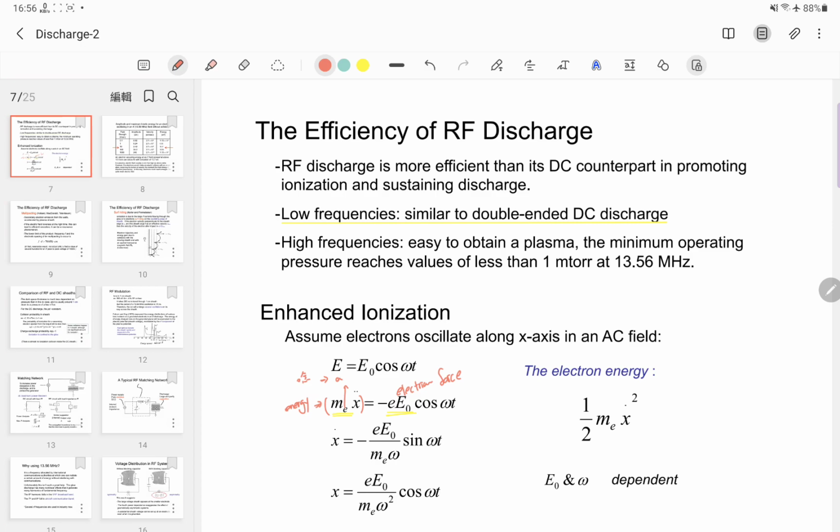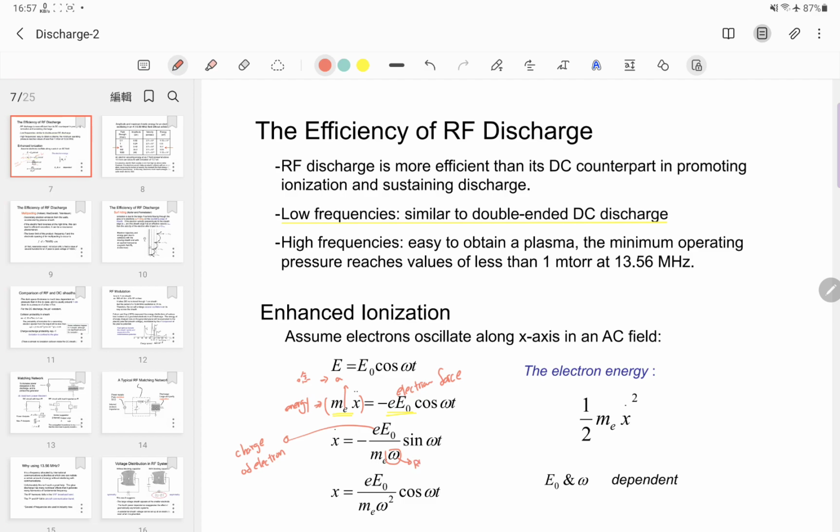In the third equation, x with one dot means the velocity. The velocity of the electron equals minus e times E0 divided by the electron mass and the frequency omega, times sine omega t. The small e is the charge of the electron, the capital E0 is the amplitude of the electrical field, and omega is the frequency of the power supply.